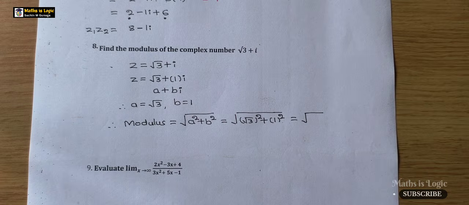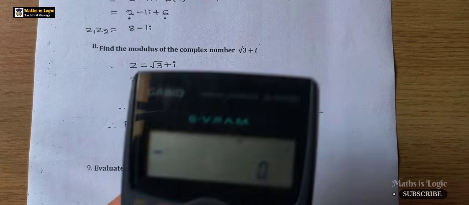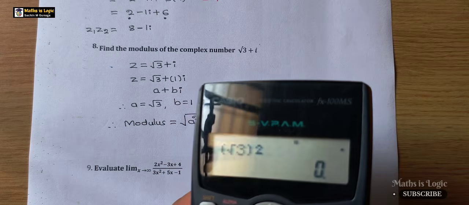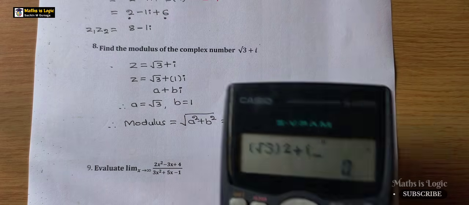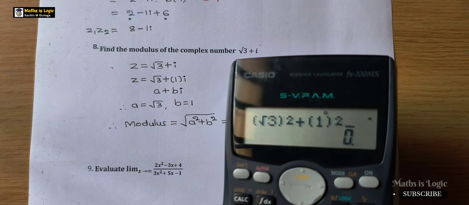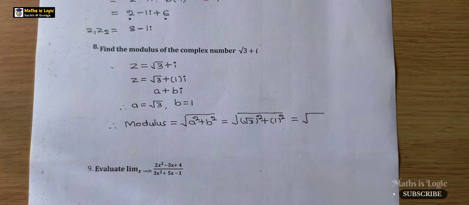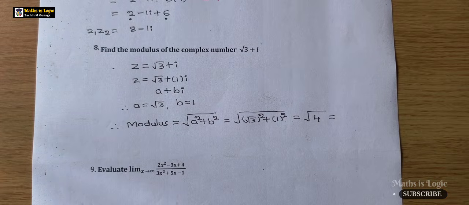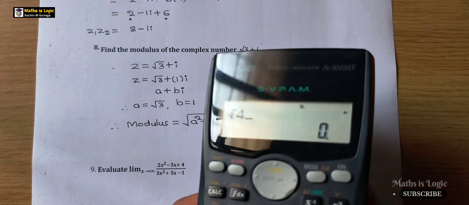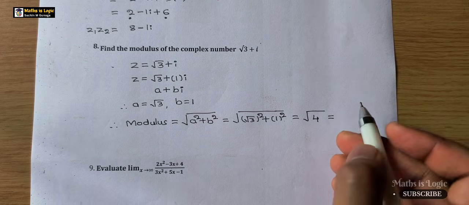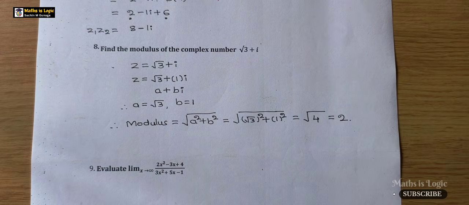Next use the calculator: in bracket root 3 complete square plus in bracket 1 square. So how much will it show? 4. Therefore it is square root of 4. Square root of 4 is nothing but 2. Therefore what is the final answer? 2.